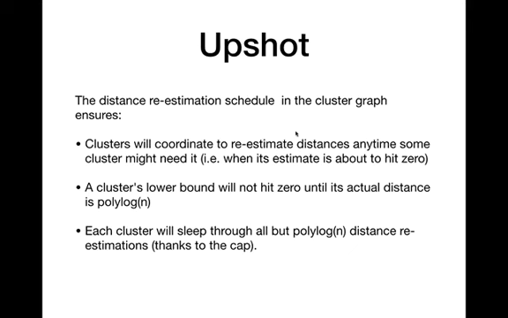And a cluster's lower bound will not actually hit 0 until its actual distance is polylog n, by which I mean the recomputation schedule will prevent it from actually hitting 0 until the frontier has reached it. And this ensures that each cluster will sleep through all but polylog n distance recomputations. And so in this whole process, any particular cluster, and therefore any particular node in the underlying graph, is only awake for polylog n of the time.